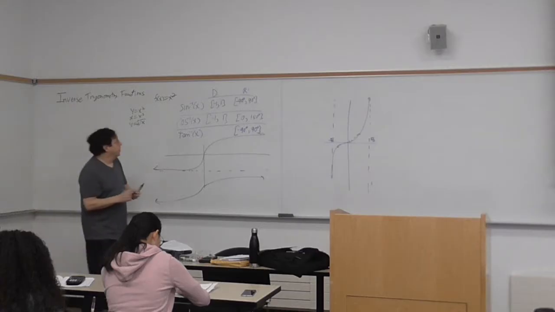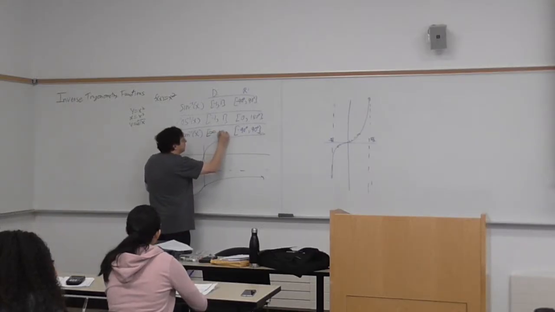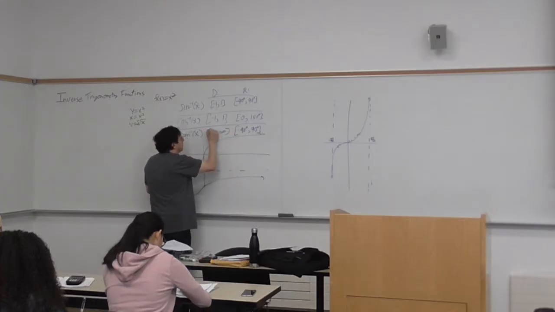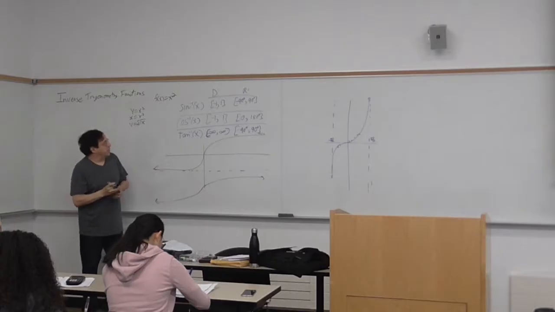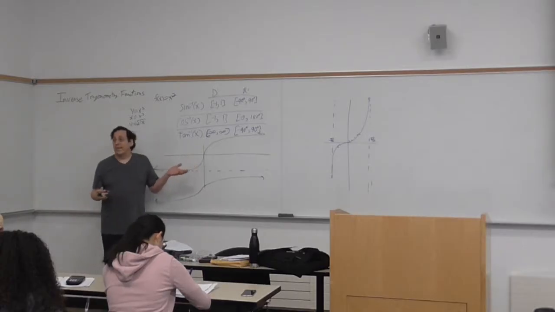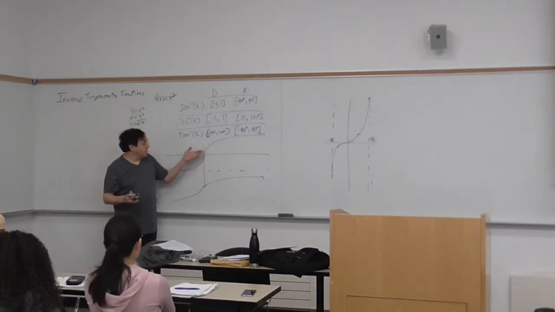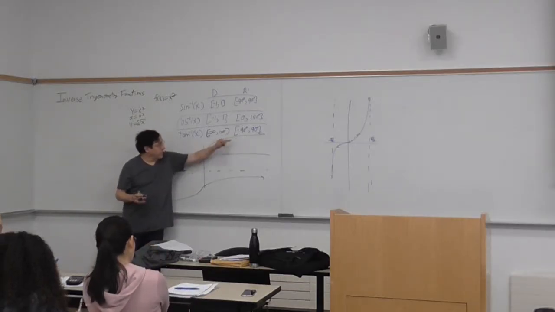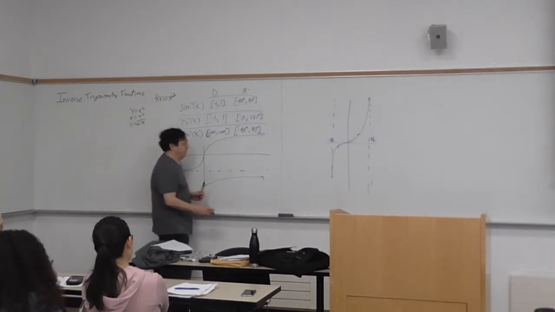It's all real numbers, yeah. That's nice because that tells you you can plug in any value now for the inverse tangent function. You'll get something between minus 90 and 90 degrees. Okay?